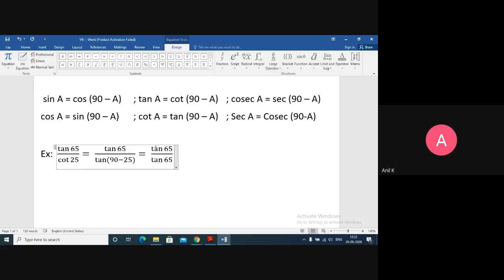So tan 65 upon tan 65, both get cancelled. I don't know the value, but whatever it is, both cancel because they are the same terms. So the answer is going to be 1.